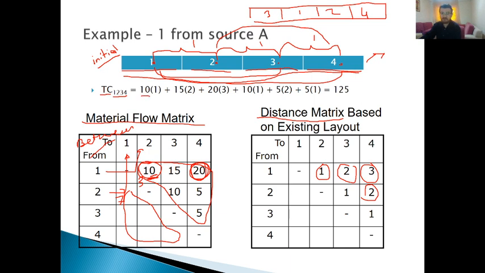This is the flow between 1 and 2. And this is the distance between 1 and 2. This is the flow between 1 and 3.